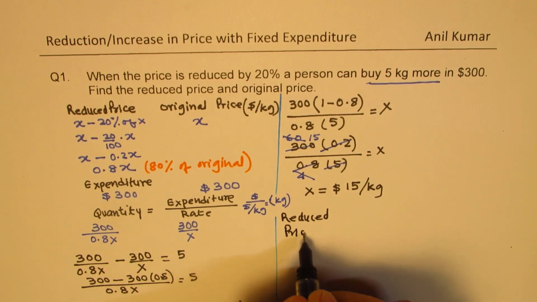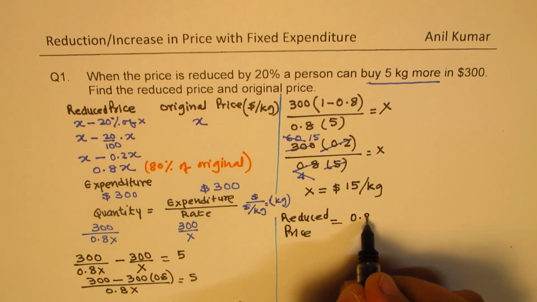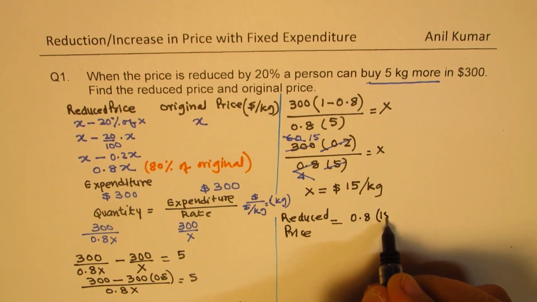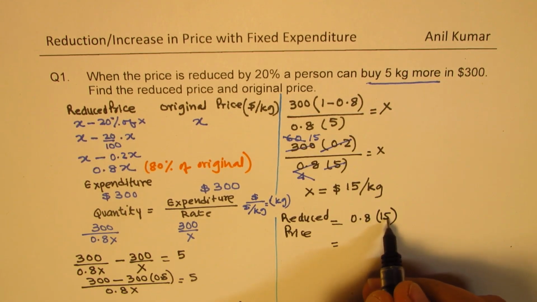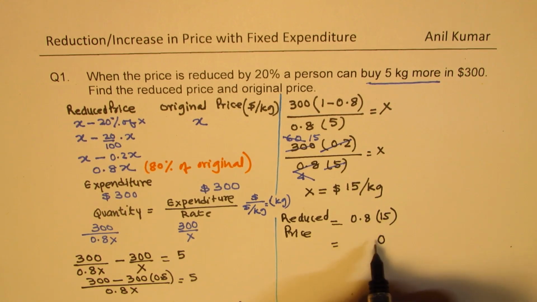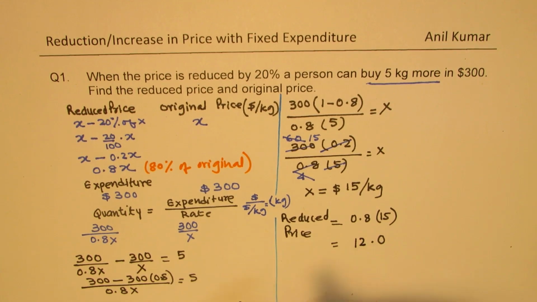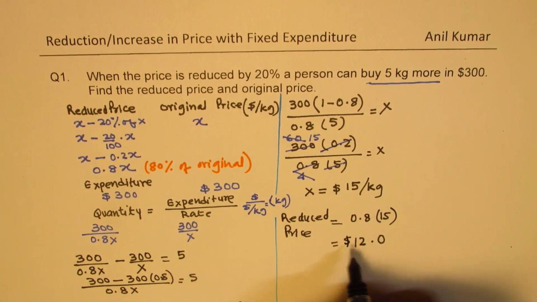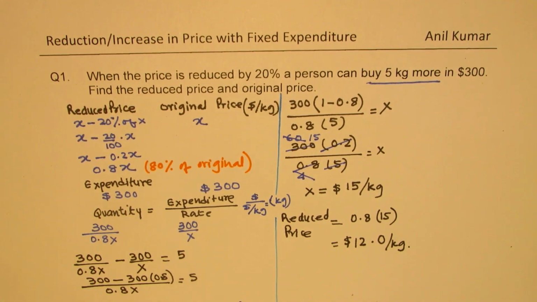Reduced price is 0.8x, 0.8 times 15. When you multiply this, 8 times 5 is 40, and 8 times 1 is 8, and 4 makes 12. That's what you get. So we get both our prices, so many dollars per kg. Does it make sense to you? So we get our answer.